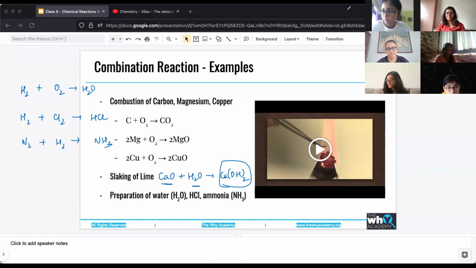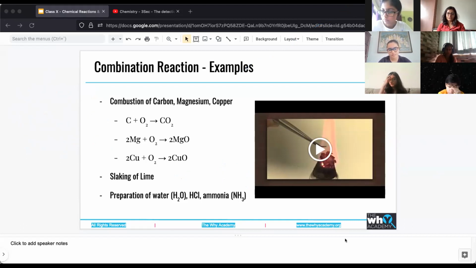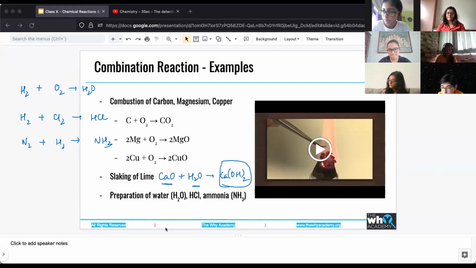I'll check. But when you note it down in your book, write down the balanced equations only. So in all these cases, you can see there's two substances combining to form a single substance. So all of them are combination reaction examples.